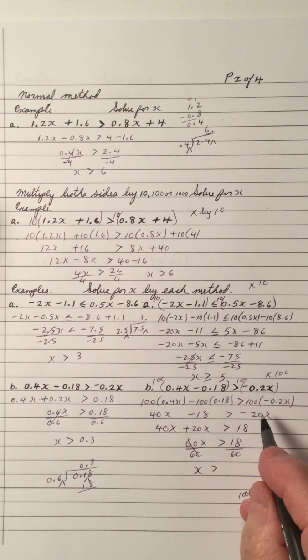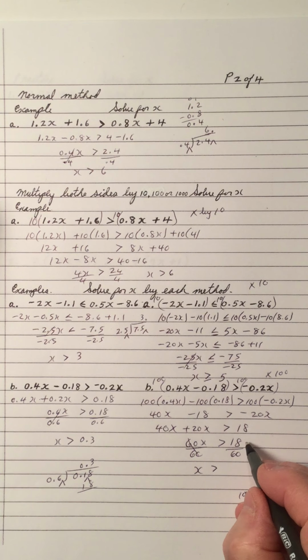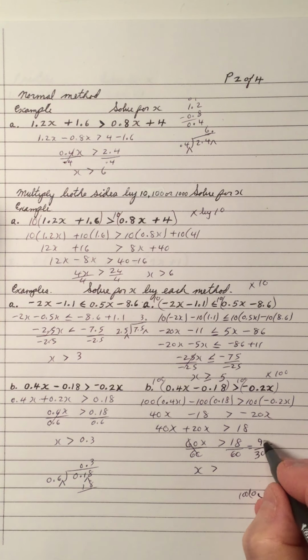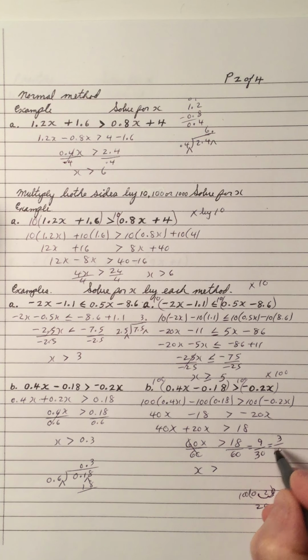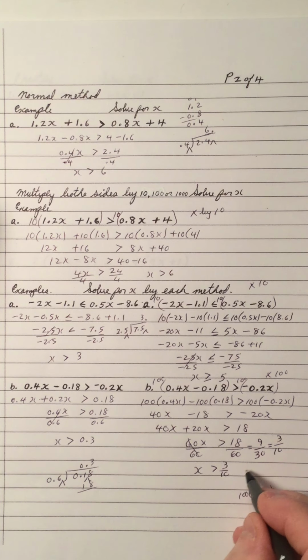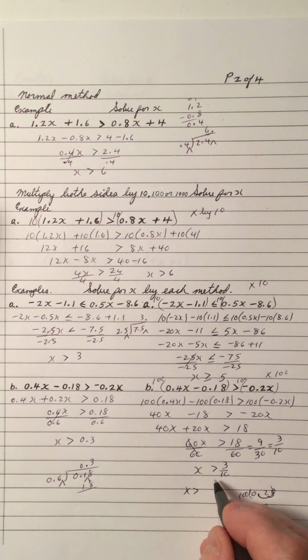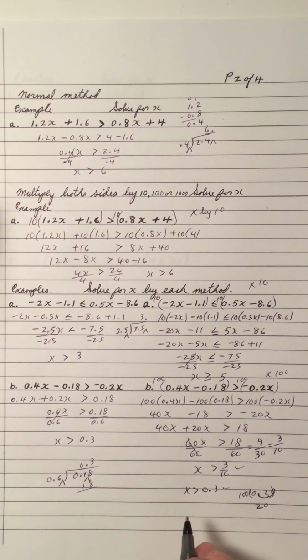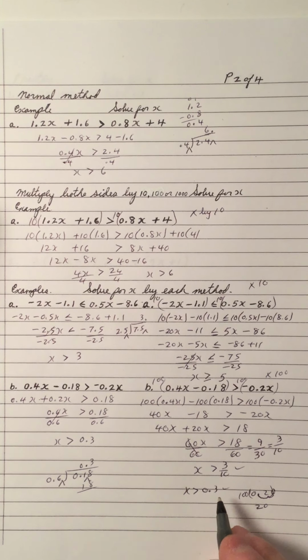And 60 over 18, let's divide by 2. I could divide by 6. If I divide by 2, I get 9 over 30. And I see a 3 goes into both of these, so I get 3 over 10. Or I can call it 3/10 is 0.3. So you can leave it as a fraction, or you can leave it as a decimal. 3/10 or decimal 3.